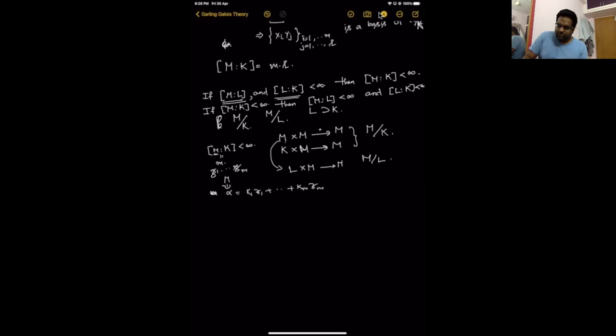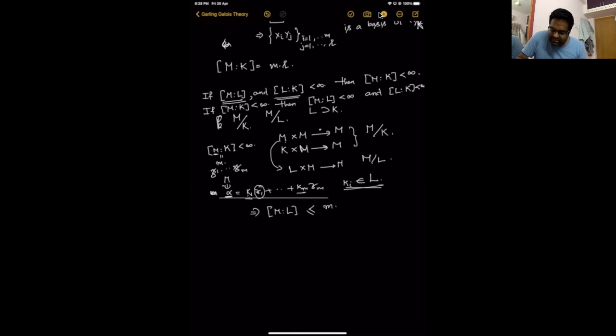So this k1 up to km are unique. But if these ki are also considered as elements of L, this does not change. You see? So this implies the dimension of M over L is at most m, because each and every element of M can be written as a linear combination of these.